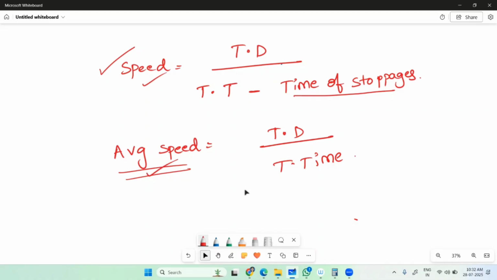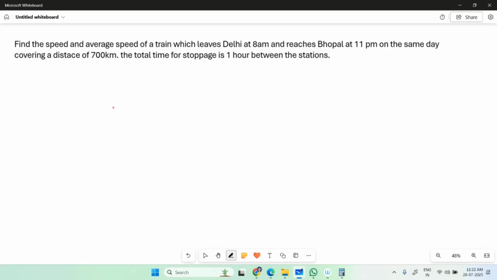Let's solve one example question here. Find the speed and average speed of a train which leaves Delhi at 8 am and reaches Bhopal at 11 pm on the same day by covering a distance of 700 kilometers. The total time for stoppages is 1 hour between the stations.